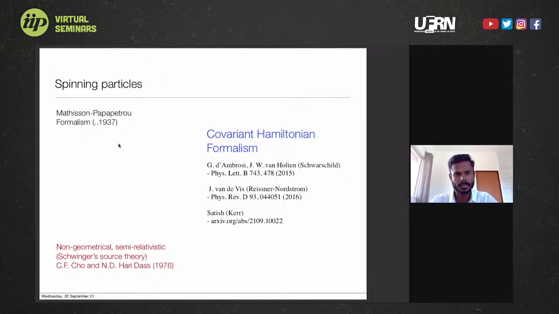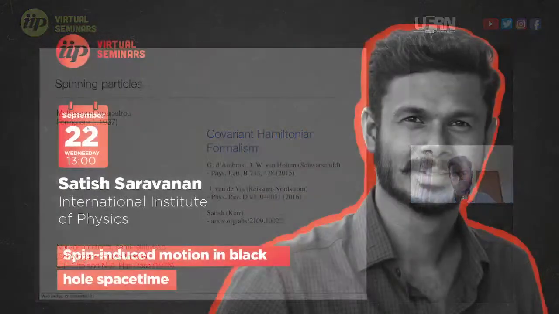The initial papers started from 1937. And around 1975, after the discovery of rapidly rotating neutron stars, a new approach based on a non-geometrical semi-relativistic approach, based on the Tulczyjew theory, appeared, whereas Mathisson-Papapetrou is a GR approach.